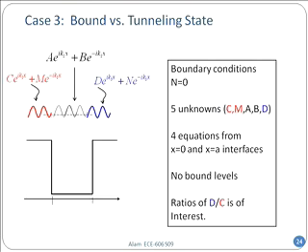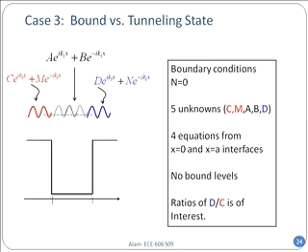But now you have a problem, because if you match the boundary conditions at each interface, you have two interfaces, you will get 4 equations. How many unknowns do you have here? You have 5 unknowns here.